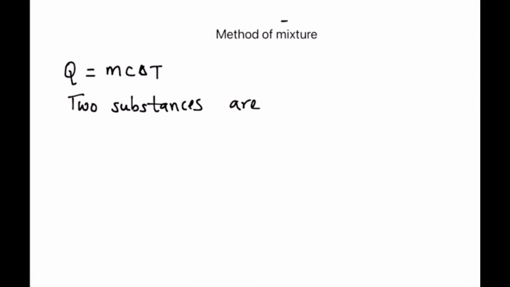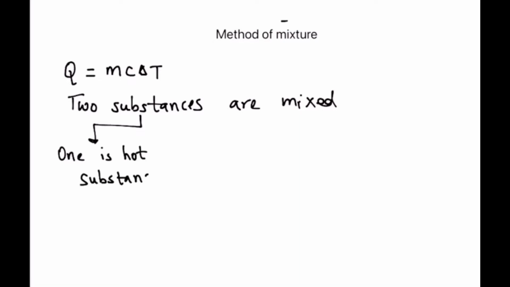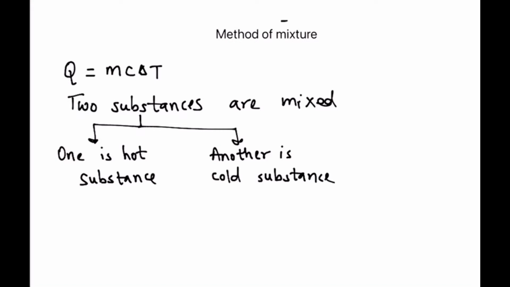Out of these two substances, one is a hot substance and another is a cold substance. So when we mix these two substances, one hot, one cold, we are basically generating a temperature difference.